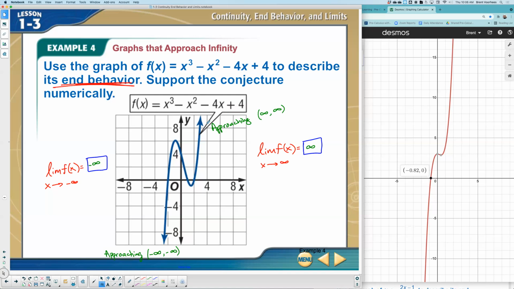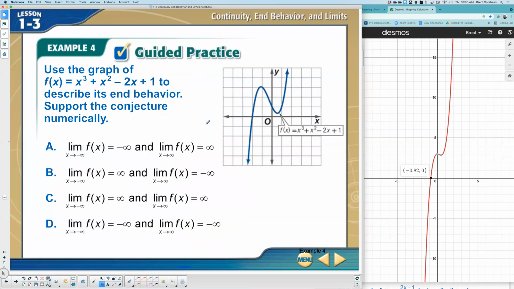Okay, now I'm going to give you one to try. Basically, just so you're clear, on the test, you'd be filling in this blank. If you were taking your digital test, you'd be filling in these. I know this is multiple choice, but that's the part you'd be typing in. Everything else would be given to you. Notice this is the limit as the graph moves left.